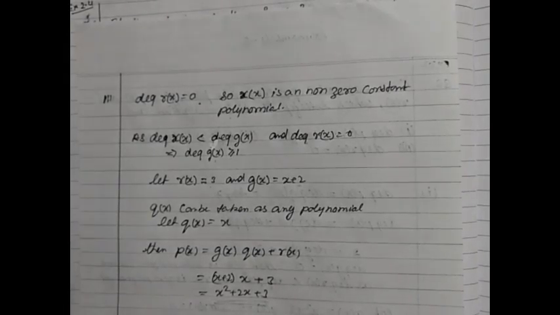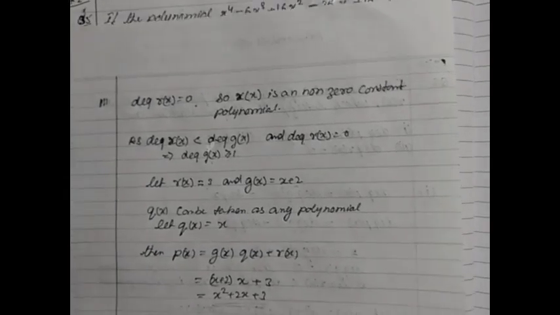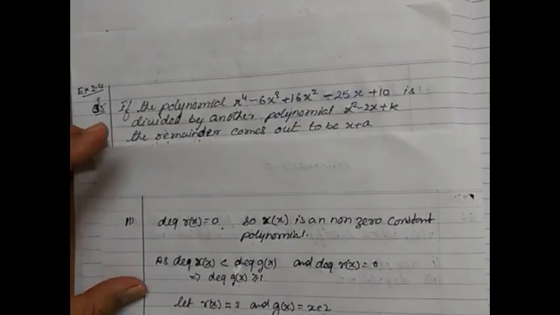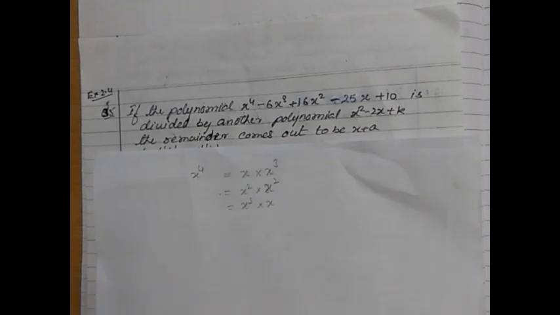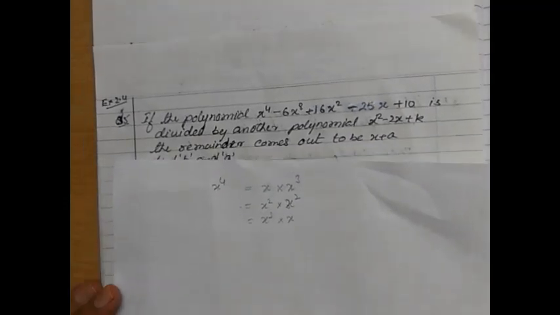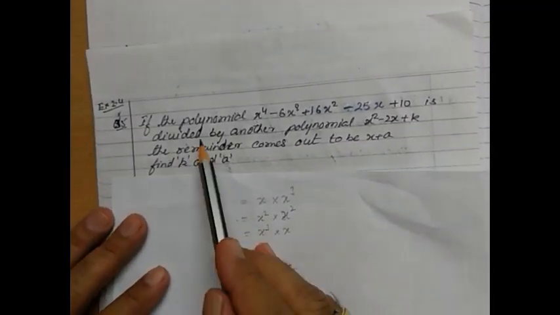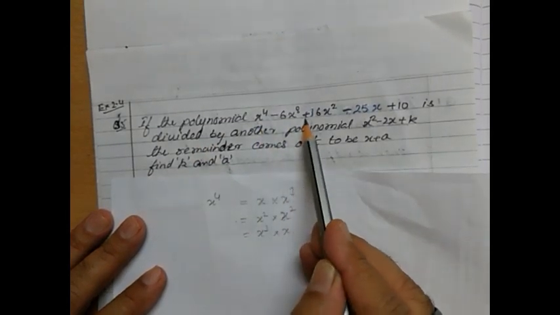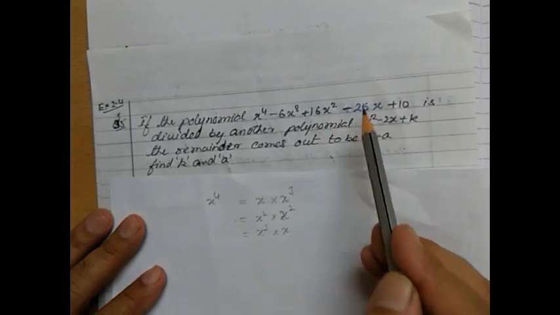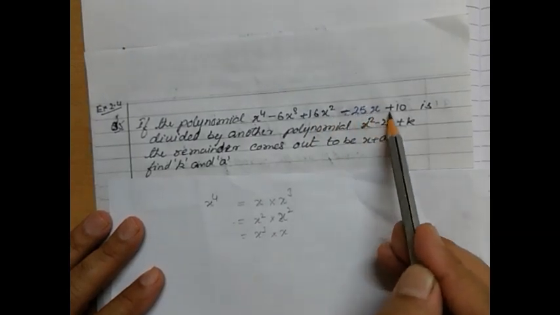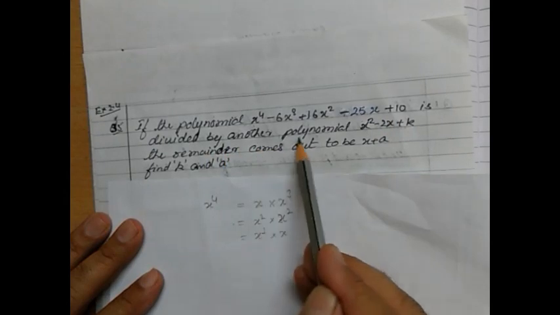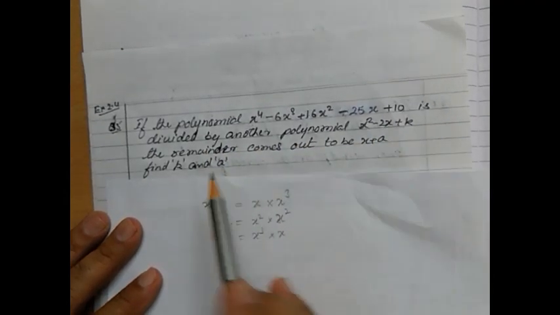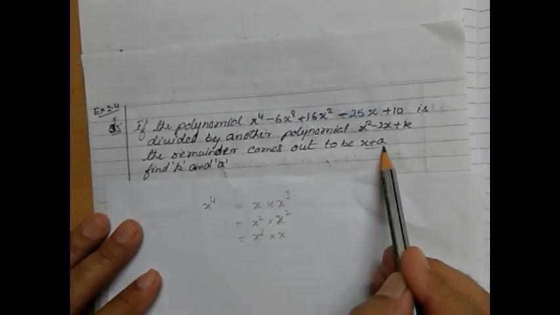Now I take up the next question, from exercise 2.4. The question is: if the polynomial x to the power 4 minus 6x cube plus 16x square minus 25x plus 10 is divided by another polynomial x square minus 2x plus k, the remainder comes out to be x plus a.